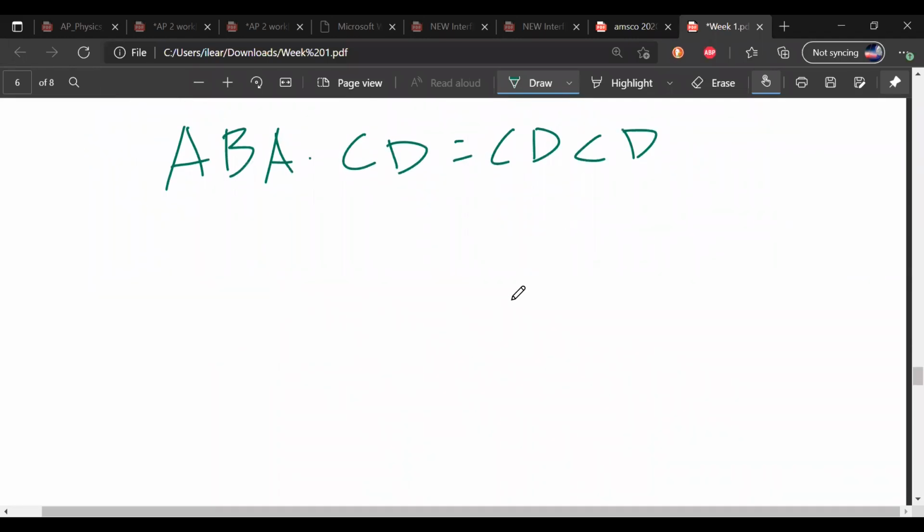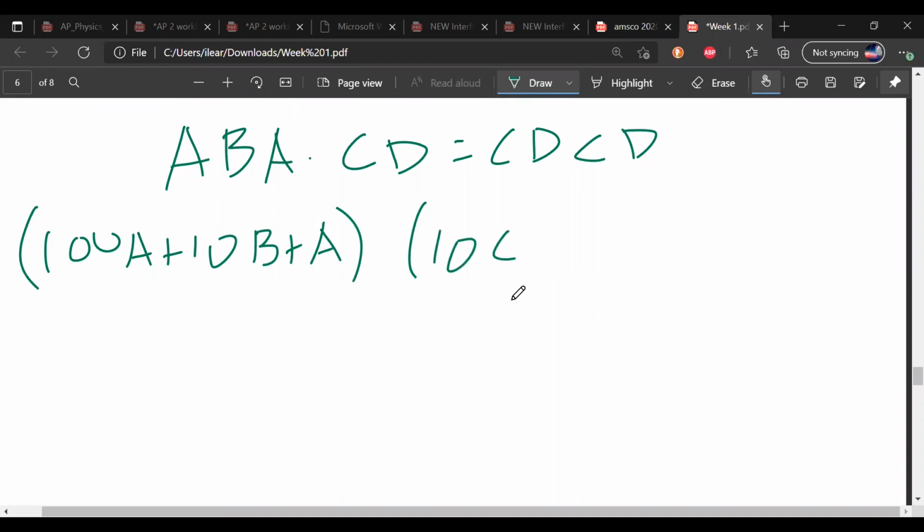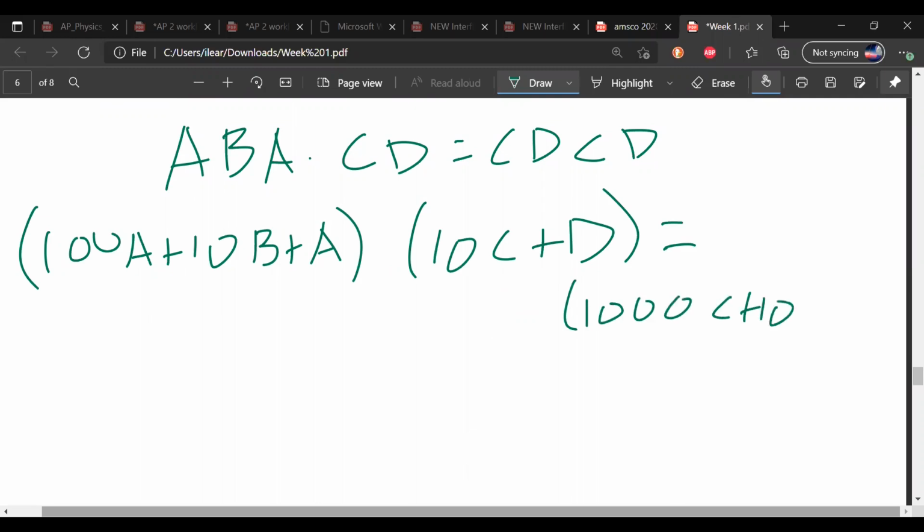So we would have ABA represented as 100A plus 10B plus A times 10C plus D is equal to, I'll run out of room, so let me just write it here, 1000C plus 100D plus 10C.